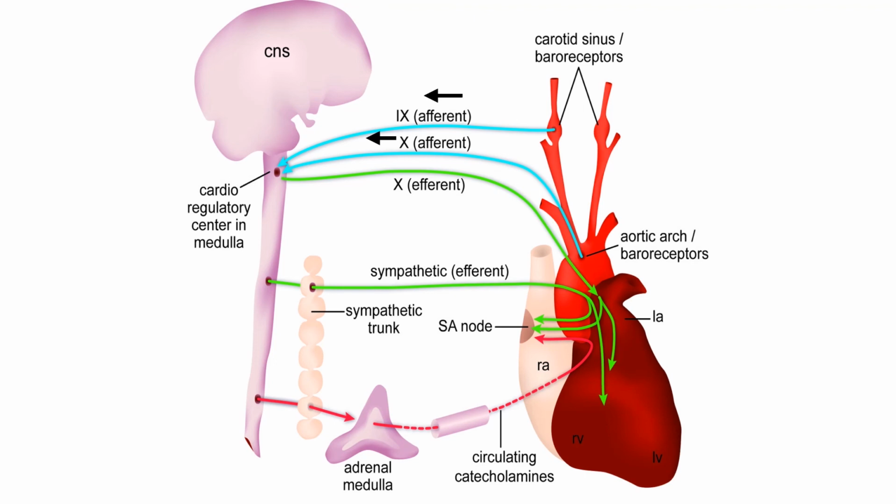Then we have parasympathetic fibers bringing pain from the heart to the vagus nucleus, and then the vagus also sends motor efferent fibers to the heart, plus of course the sympathetic effect, which is efferent on the sinoatrial node and atrioventricular node, plus the hormonal effect of the adrenal gland.